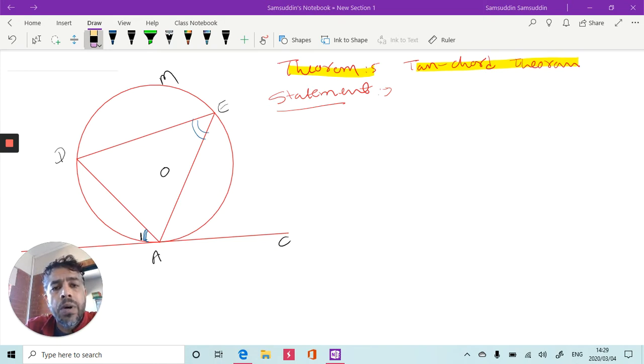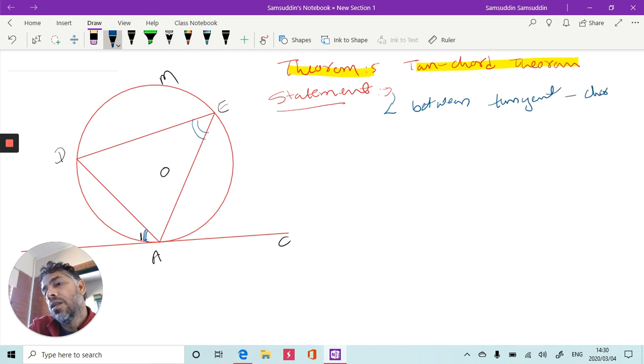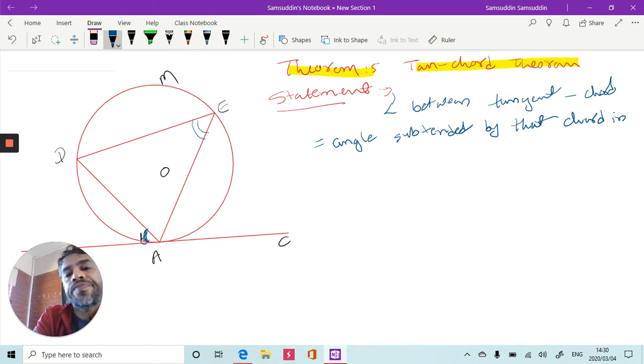The statement goes like this: the angle between the tangent and the chord, in this case this angle, that angle is A1, is equal to the angle subtended by that chord in the opposite segment.